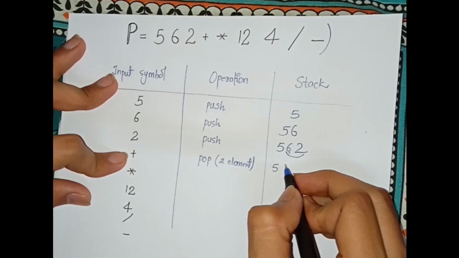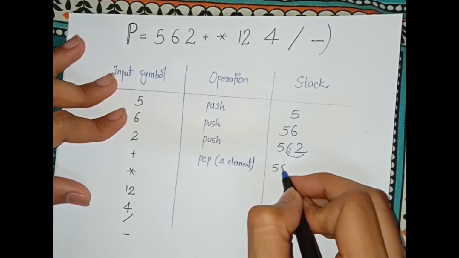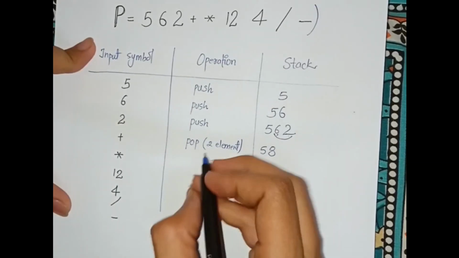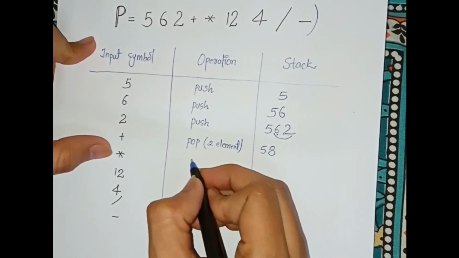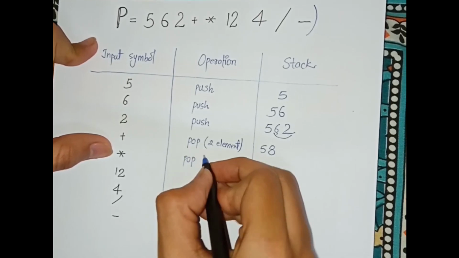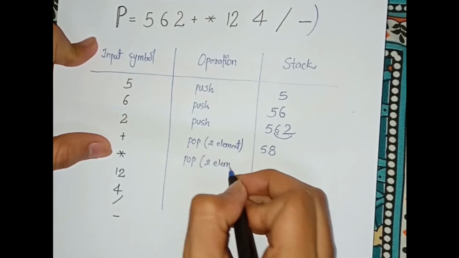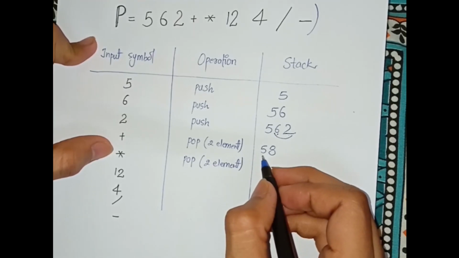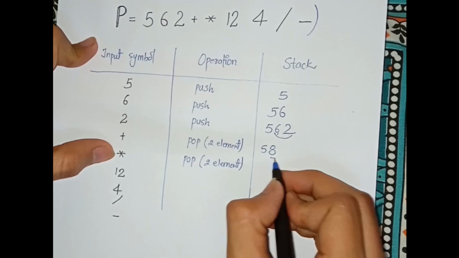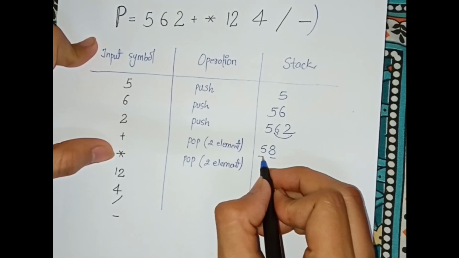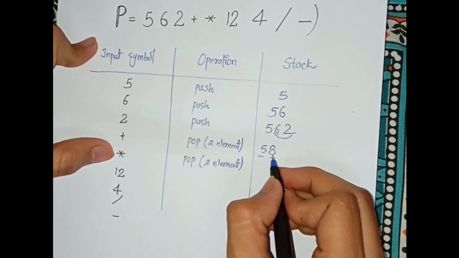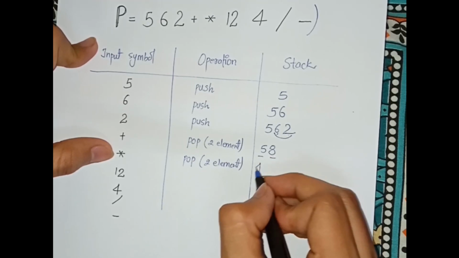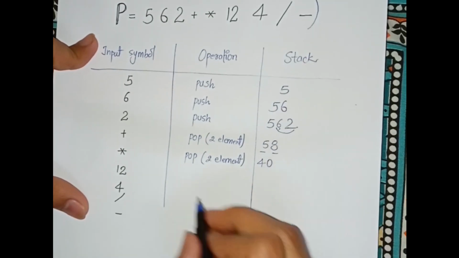So we will just write this 8 after this 5. Now again there is an operator, multiplication, so we will pop using the operation for this. Meaning we have to multiply between A and B of the stack, that is 8 multiplied by 5 is 40, so we will write 40 into the stack.